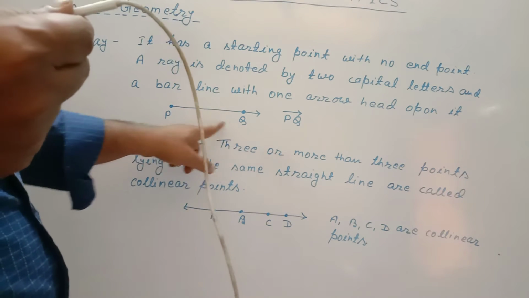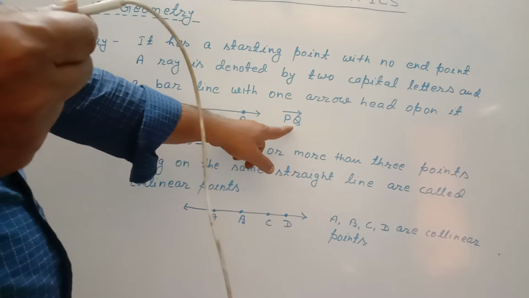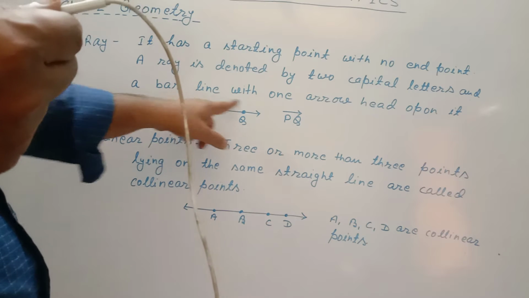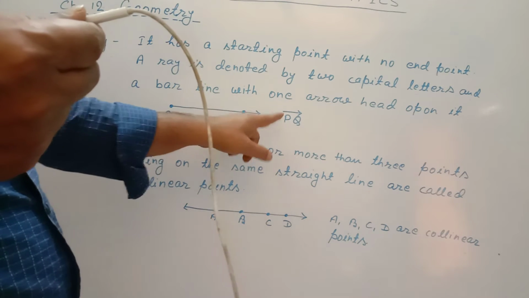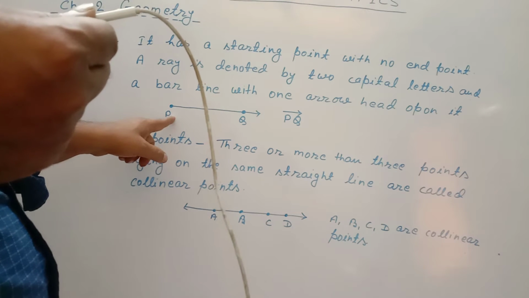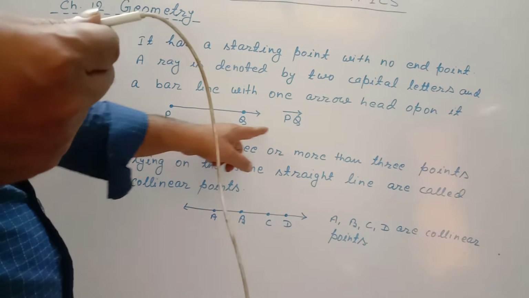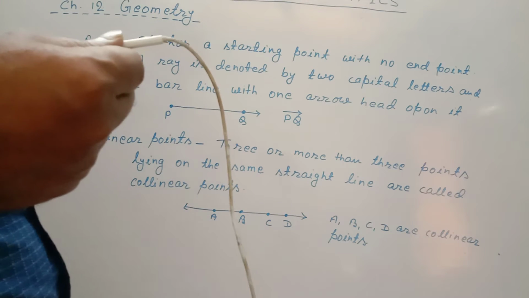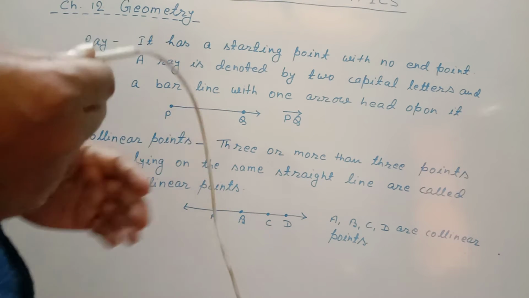Here is PQ, and upon those 2 capital letters a bar line with one arrowhead is given. So in this example, PQ is a ray. Upon PQ, one bar line with one arrowhead is given. In this way we denote a ray.